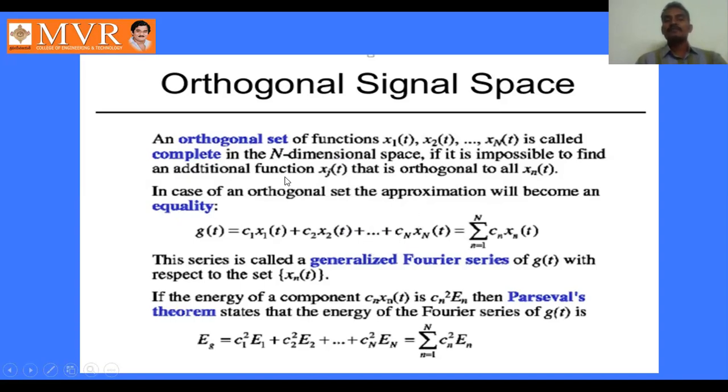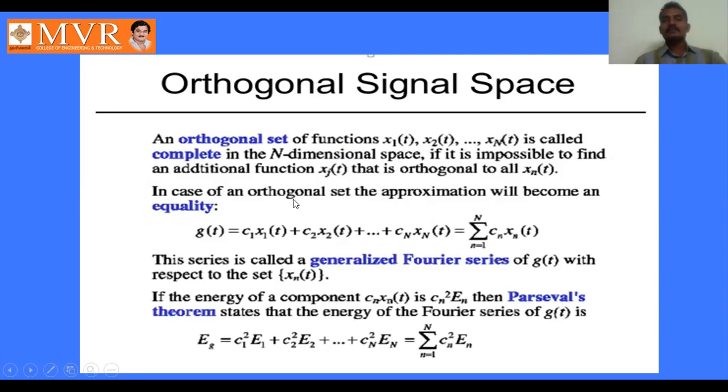But here we are saying that this set is a complete set. If this set is complete and we take an additional function xj(t), these two are perpendicular to each other, xj(t) being perpendicular to the complete set of elements x1(t), x2(t), x3(t) up to xn(t).